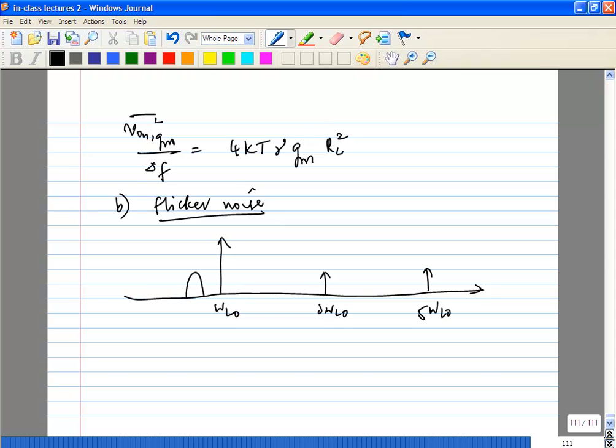This is your RF. Close to 0, you're going to have your flicker noise, but much before RF, it goes to 0. So what's going to happen to this flicker noise? That is going to get multiplied with each one of these components, and it's going to get upconverted to higher frequencies.